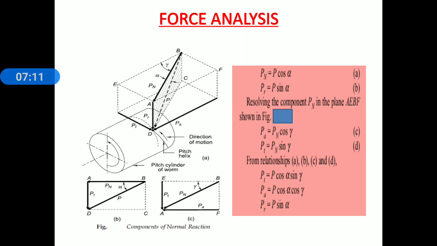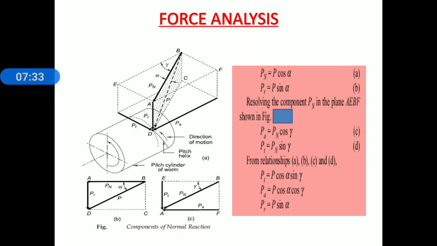Next, resolving the component Pn in the plane AEBF. In that plane, we consider cos gamma. Cos gamma is equal to adjacent side to the hypotenuse. Adjacent side is EB. EB is equal to AF, and the value of AF is axial component PA.